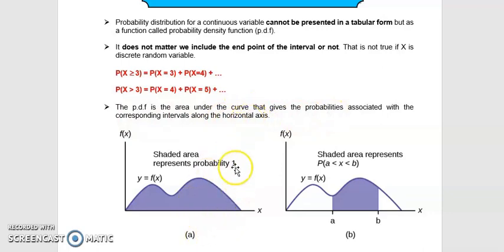If you look at this figure, all areas are shaded, so this is the total probability, which should be equal to 1. However, the area shaded between A and B is the probability of x greater than A and x less than B. Again, in continuous, whether you include or exclude A, it does not matter.